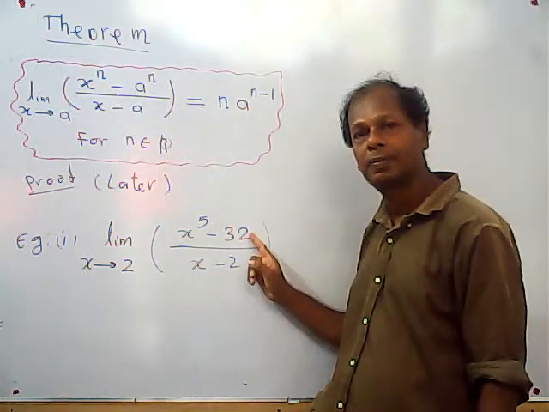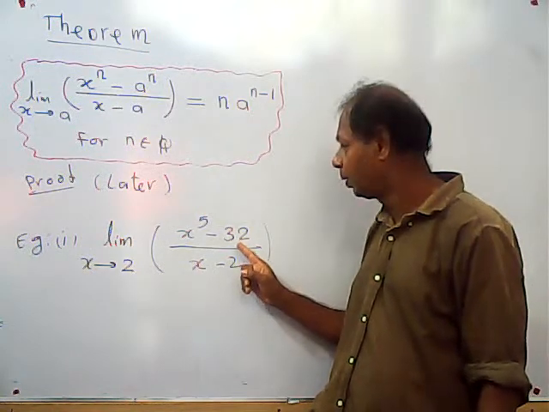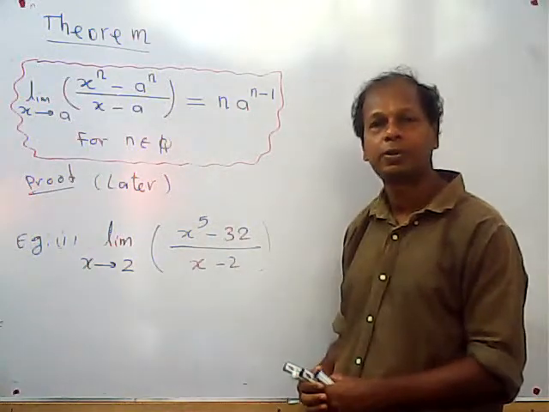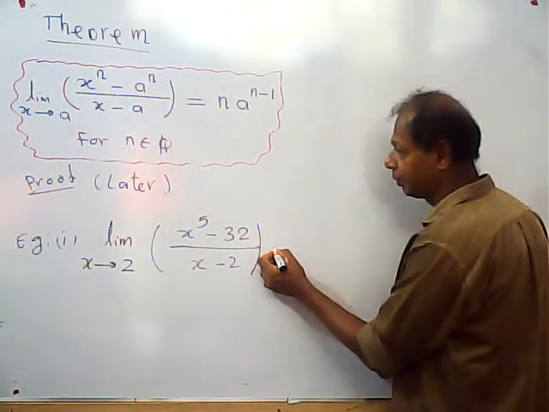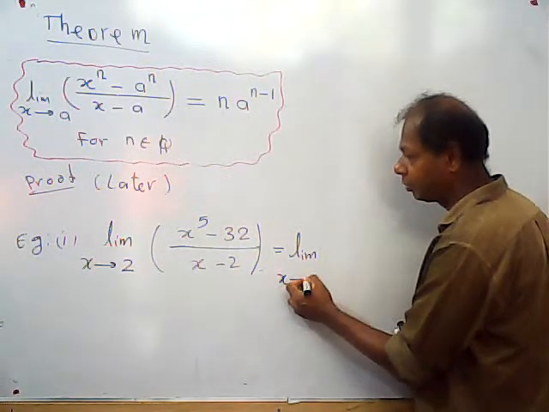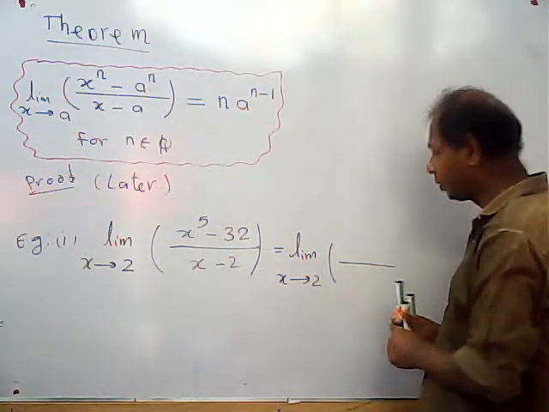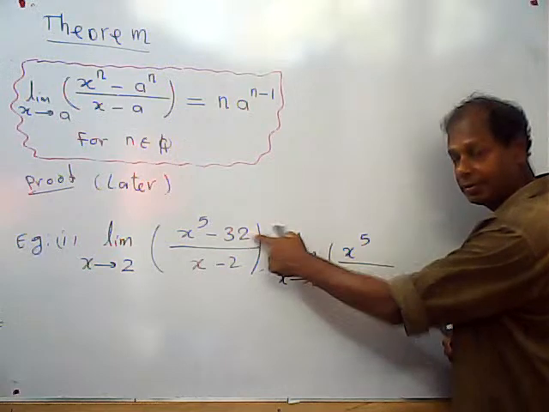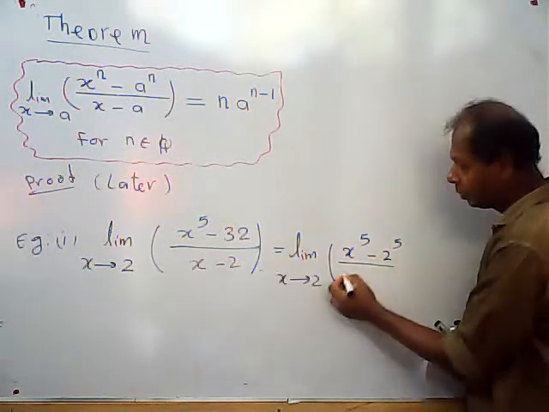But you can easily fix it. Just write 32 as 2 to the power 5. Replace this 32 by 2 to the power 5, then the whole thing will take the form of what you see in the theorem, right? So I'll rewrite it: as x goes to 2, x to the power 5 minus 2 to the power 5 divided by x minus 2.